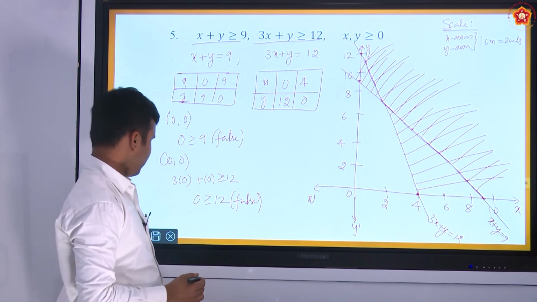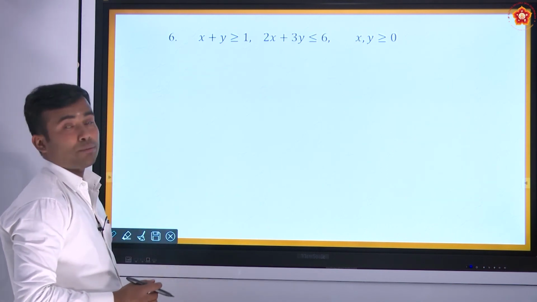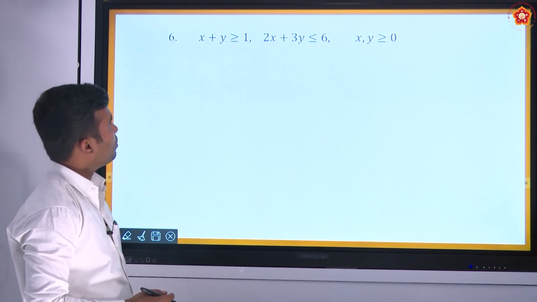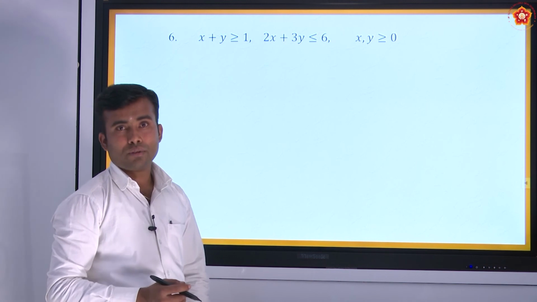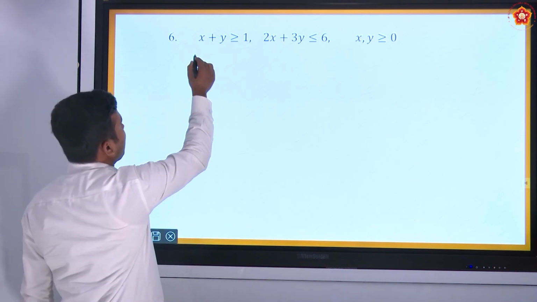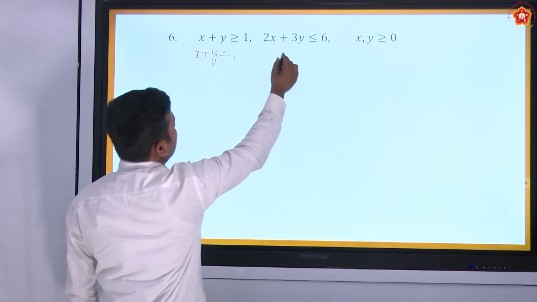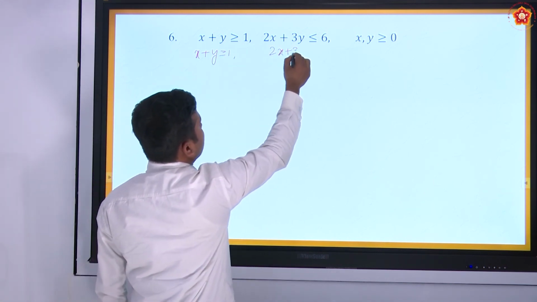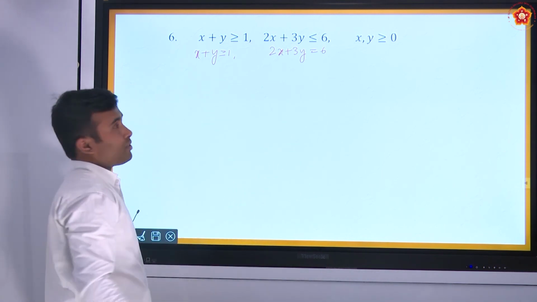Next example. Here, x plus y is greater than or equal to 1 and 2x plus 3y is less than or equal to 6. This line I am going to write as x plus y is equal to 1, and 2x plus 3y is equal to 6. Both x and y are positive here.